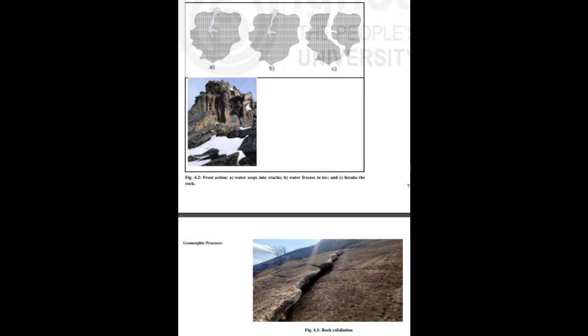Frost action or ice wedging is one of the most effective types of mechanical weathering. Water in the rock periodically freezes and thaws during night and day in those areas where the temperature fluctuates around freezing point. The water entered into the joints freezes and forms ice, which causes the joints deepening and widening. When the ice thaws, the water flows further deep into the rock.